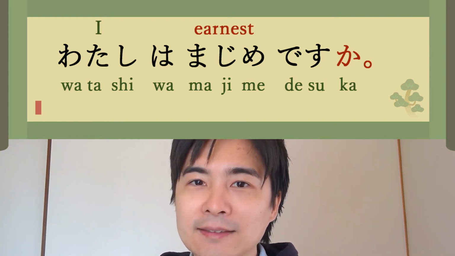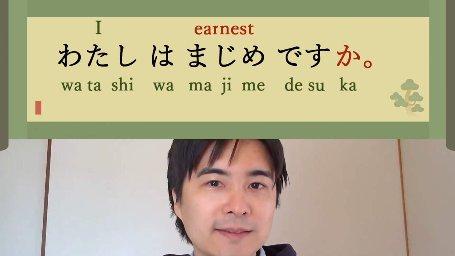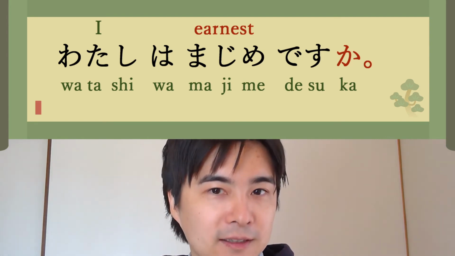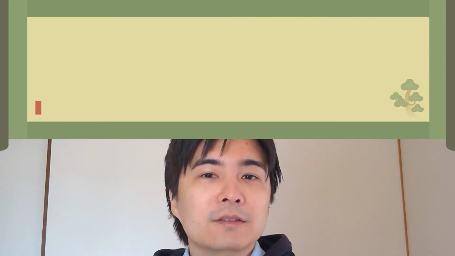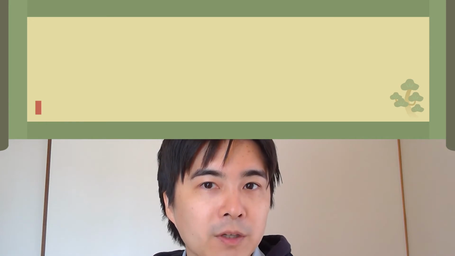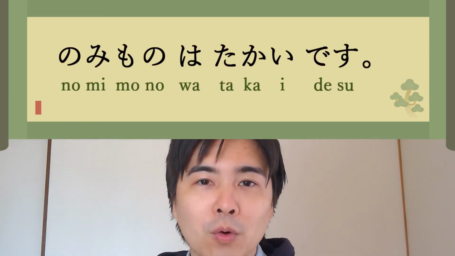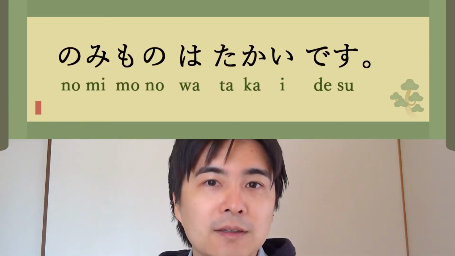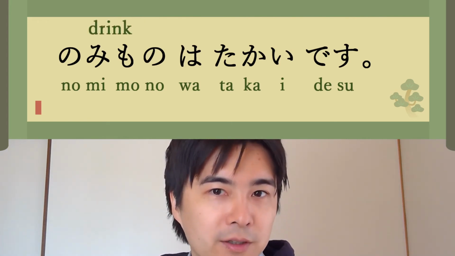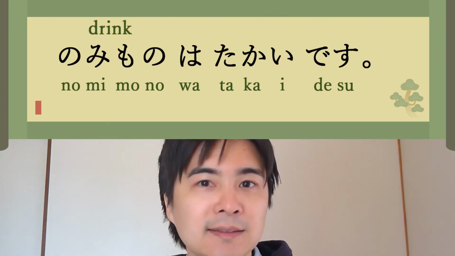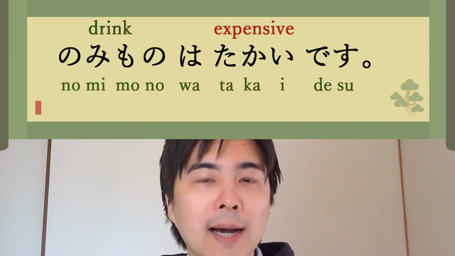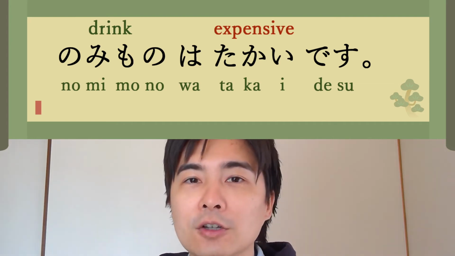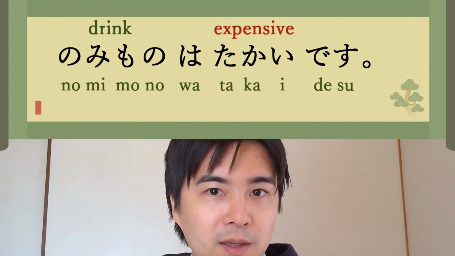真面目な is a Na-adjective. So let's see the case for an I-adjective as well. It's almost the same. For example, when we say drinks are expensive, we say 飲み物は高いです。飲み物 is drink and 高い is expensive or high. Then 飲み物は高いです means drinks are expensive.